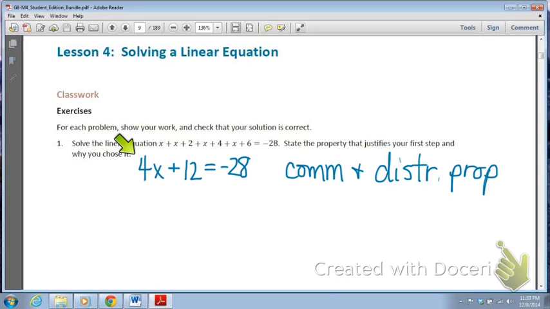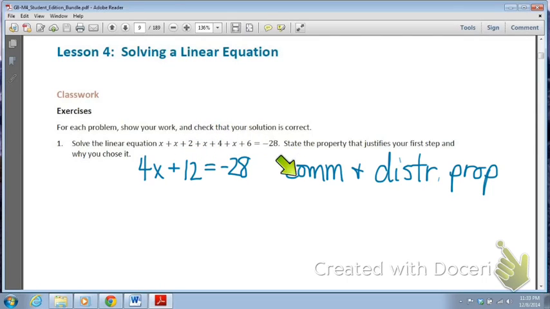Okay, so what I started by doing was recognizing that I had 1x and 1x and 1x and 1x. So I put those together as 1 plus 1 plus 1 plus 1 times x, or 4 times x. So I have 4 x's, and then I can add my constants together. 2 plus 4 is 6, plus 6 is 12, so there's my 12 equals negative 28.